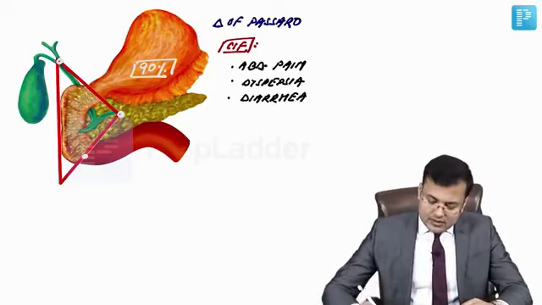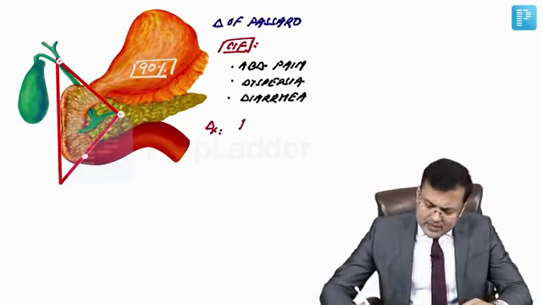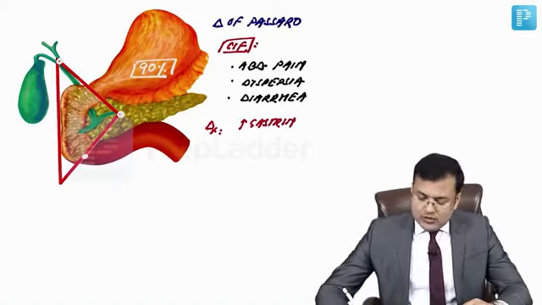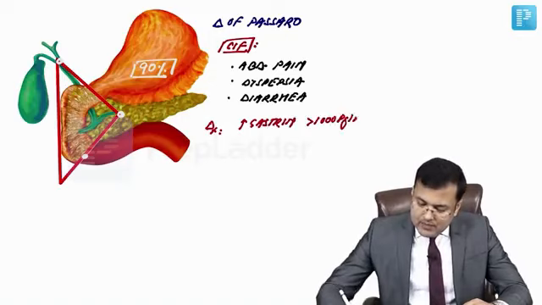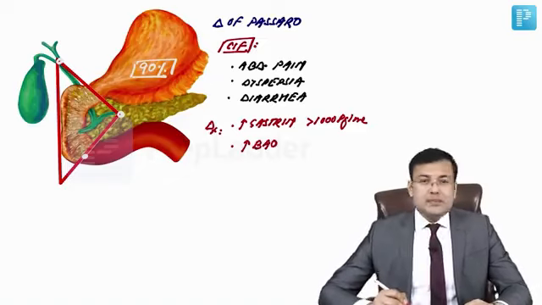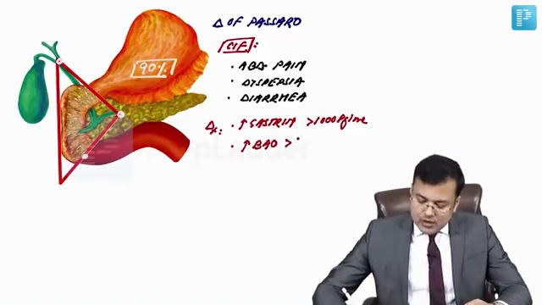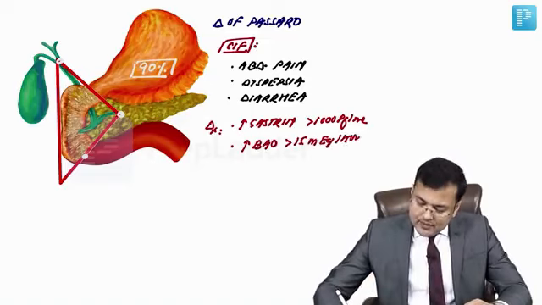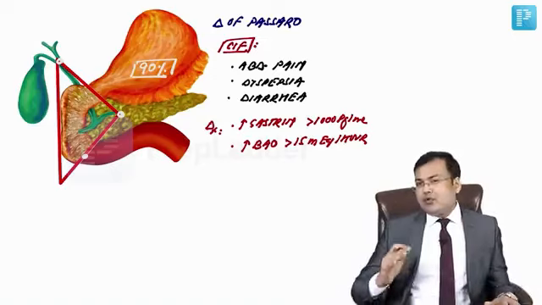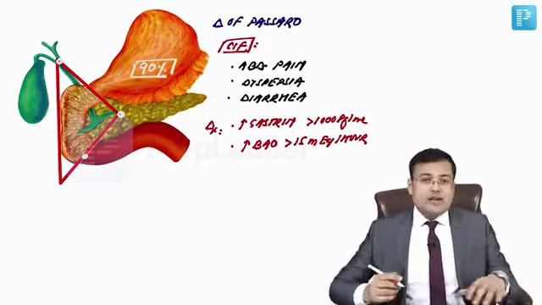How to make the diagnosis? Here, there is increased gastrin. Which value is diagnostic? More than 1000 picogram per ml, or we can go for basal acid output. There is increased basal acid output. What's the value? More than 15 milliequivalent per hour. What is the best provocative test for diagnosis of gastrinoma?